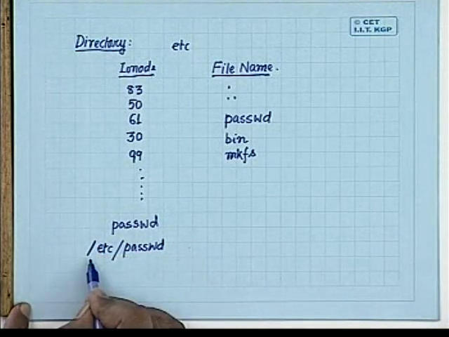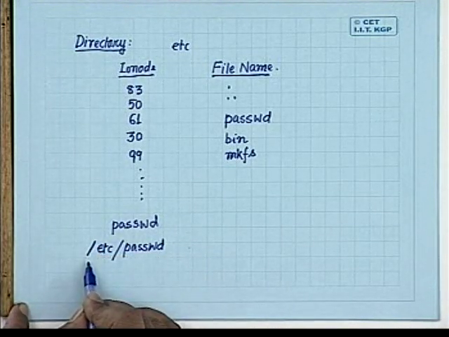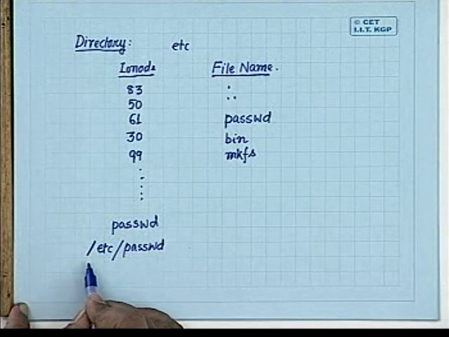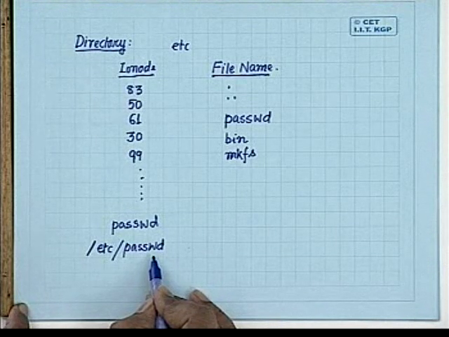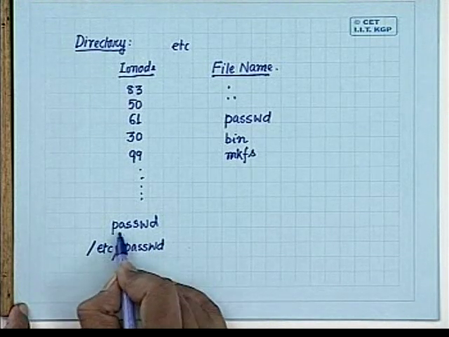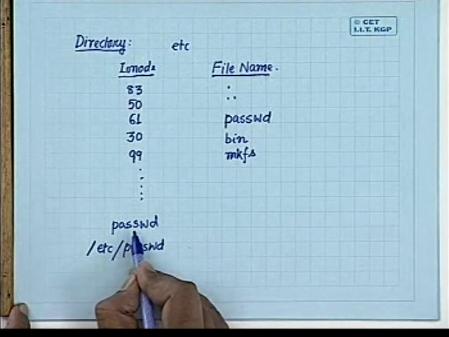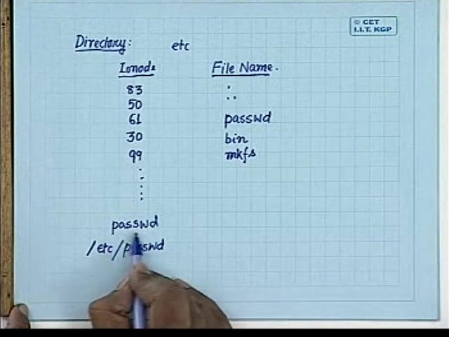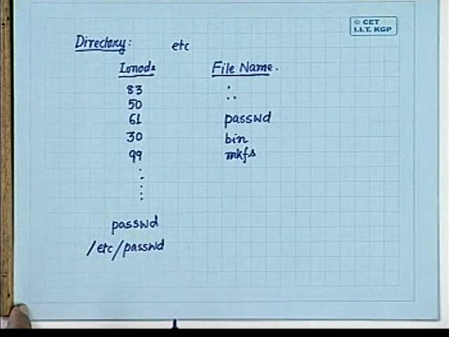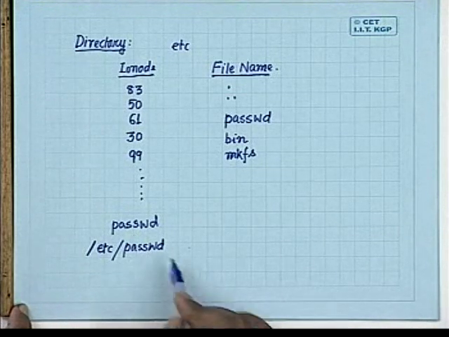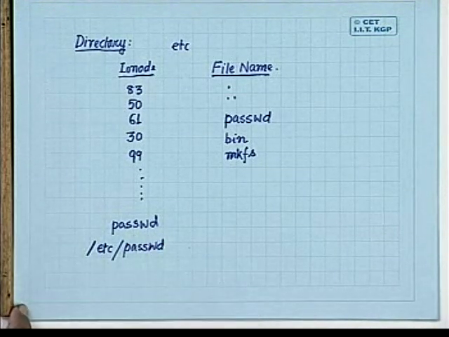This indicates that the path name starts from the root, and this is the entire path name leading to the file password. Whereas in the other case, if we are in the current directory, then simply password indicates that we are looking for the password file within the current directory. So I can specify a file name either like this or like this.